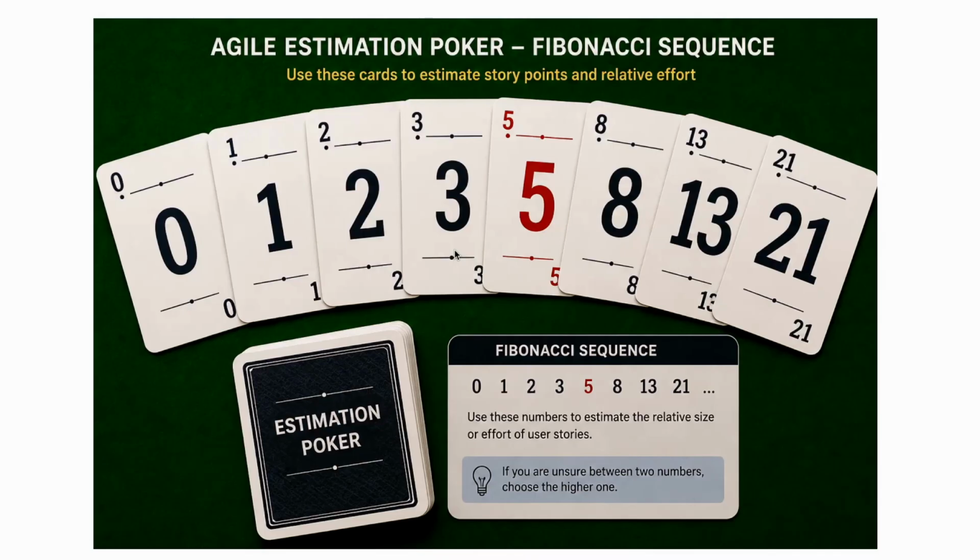Once the team members have done their own estimate, you say show, and everybody shows their estimate and discussions and debates start. Over a period of time, within the sprint planning meeting itself, they converge on one single number. The whole process is known as planning poker based on the Fibonacci sequence.